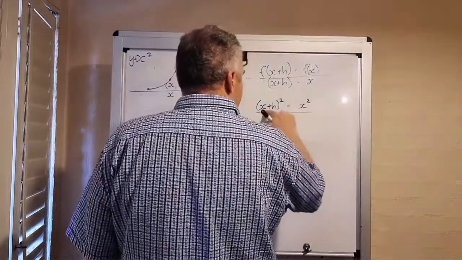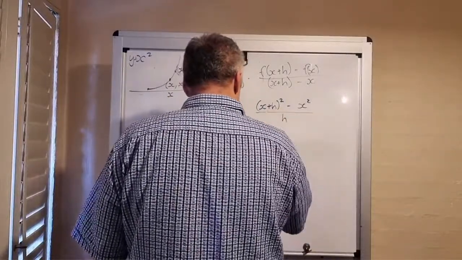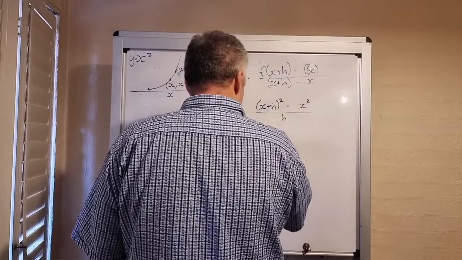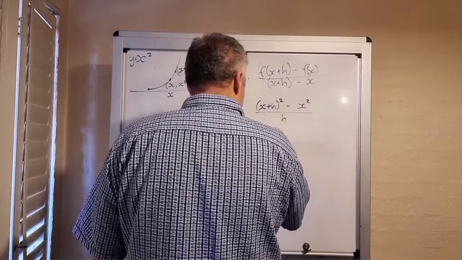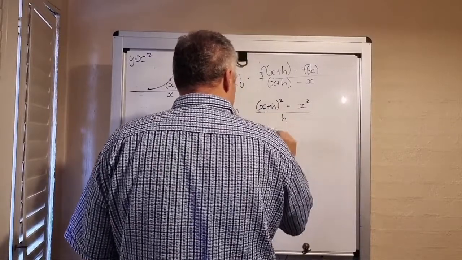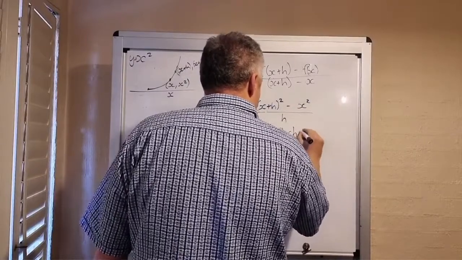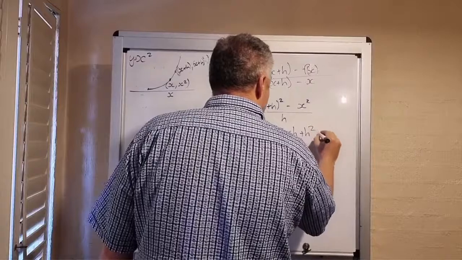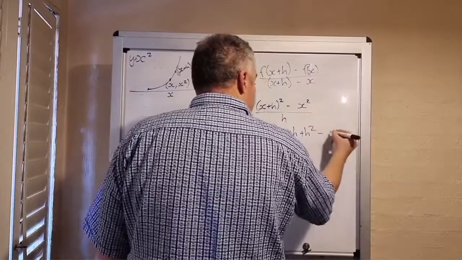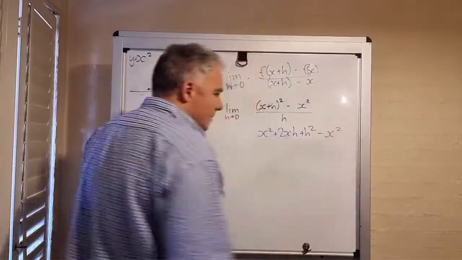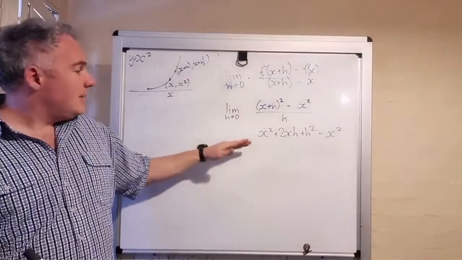Okay, I expand this one, and I get x squared doing my FOIL plus 2xh plus h squared minus x squared. Yeah?